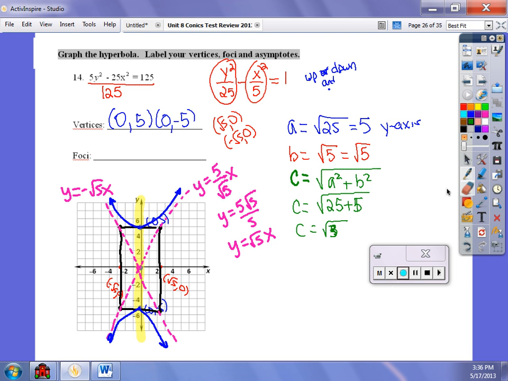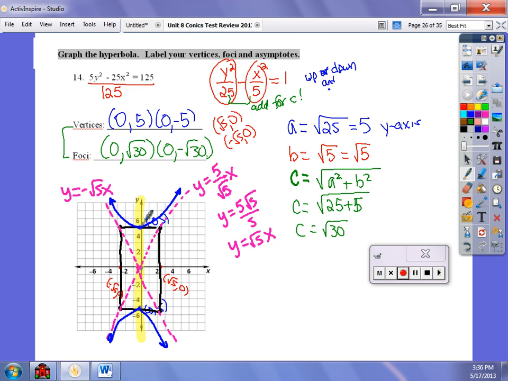So you could have simply just gone into your denominators and added your denominators for the focus, and then take the square root. So because it's in line with the vertex, it'll be 0, square root 30 and 0, negative square root 30.